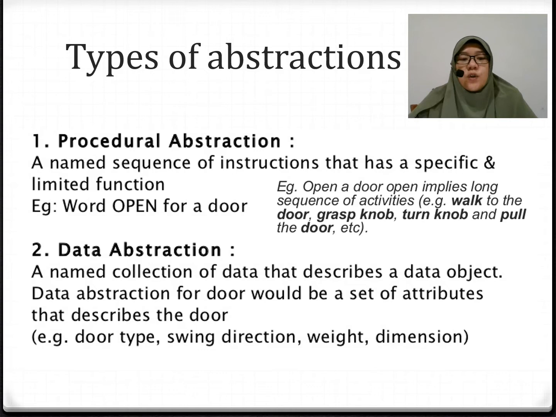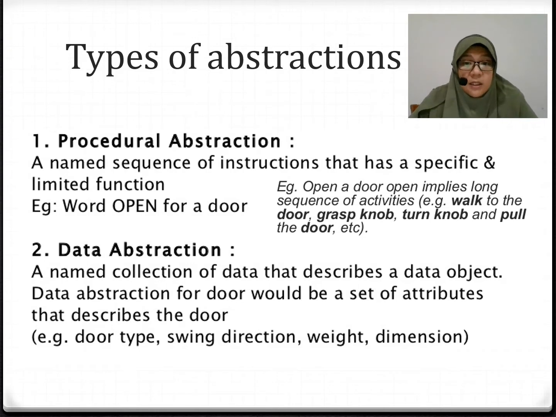Okay, so what are the types of abstractions that are available? So there's two types. Basically, one is procedural and one is data abstraction. So this procedural abstraction is a name that actually represents a sequence of activities, like open a door. So the name open represents a sequence of activities.